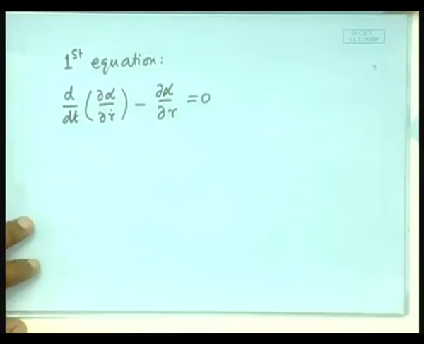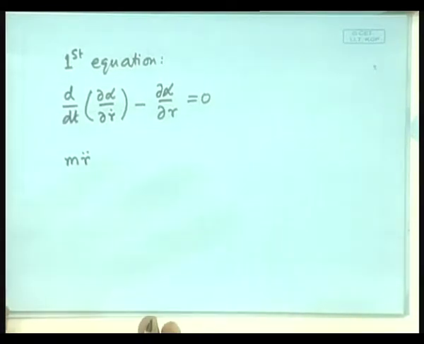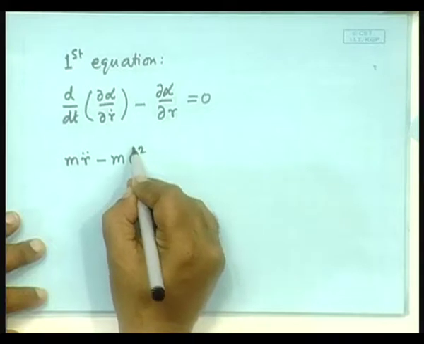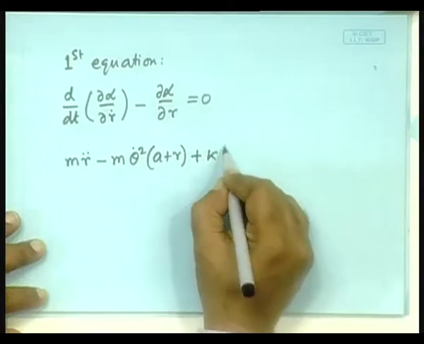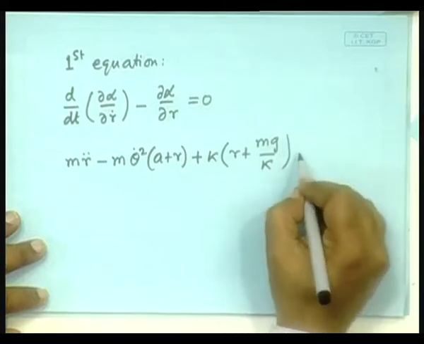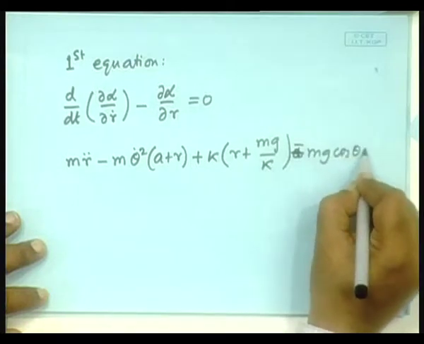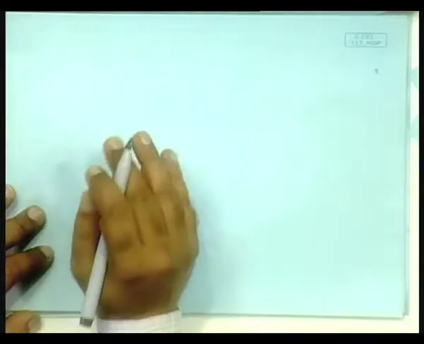So, substitute. The first term will come to m r double dot, no problem about it. Then the next term simply substituted, minus m theta dot square (a plus r) plus k (r plus m g by k) minus m g cos theta equal to 0.